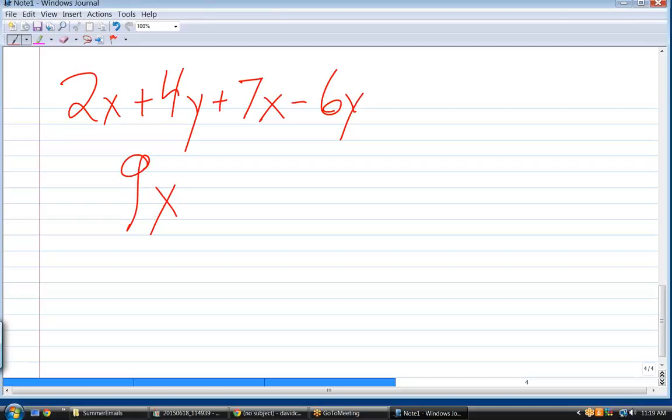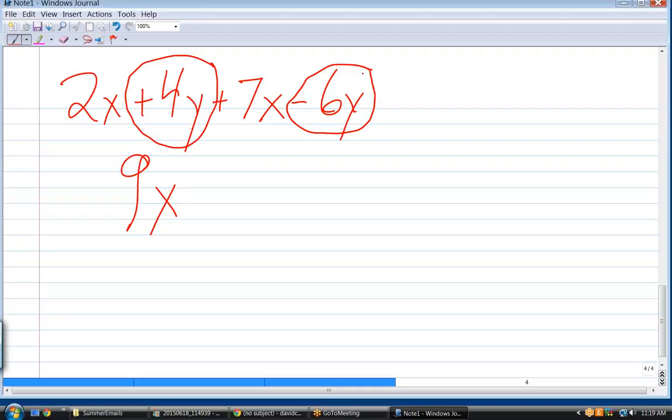What we can't do is combine non-like terms. In other words, if I have a 2x plus 3y, that is not 5 anything. That is 2x plus 3y. That's what the answer would be. So we can only combine terms that are like. How many y's do we have? Always include the sign.